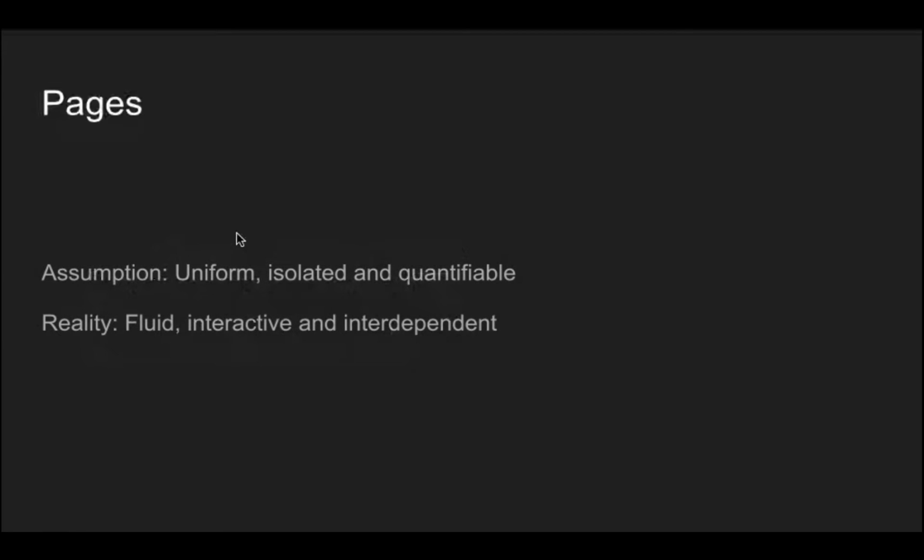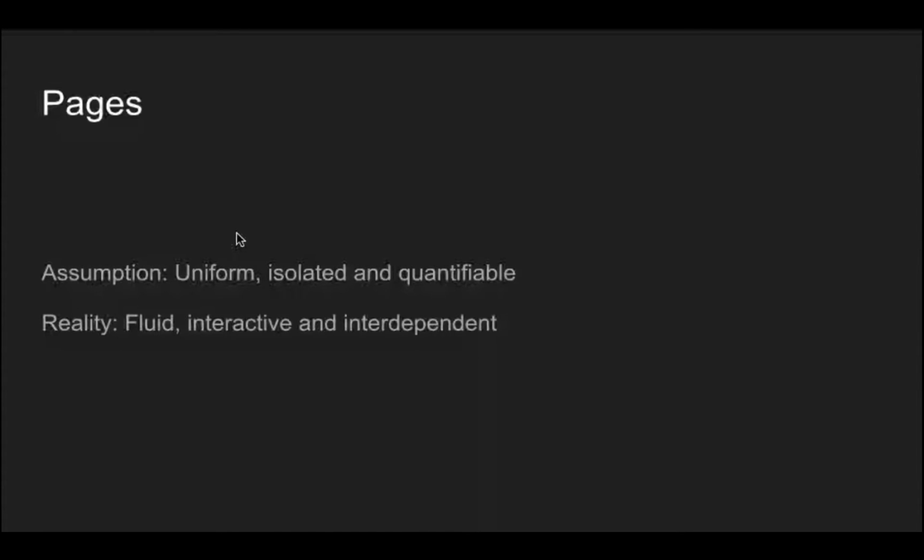The initial assumption which we had with pages was that it would be uniform, isolated and quantifiable. The components which existed there, we thought would have all these qualities. But in reality, all these components were fluid, interactive and interdependent with each other.